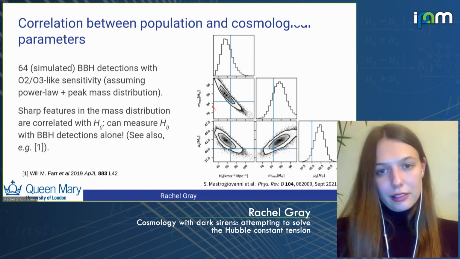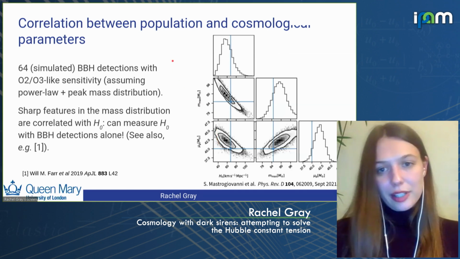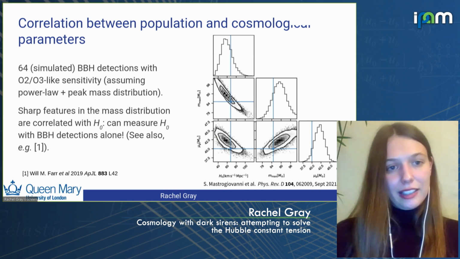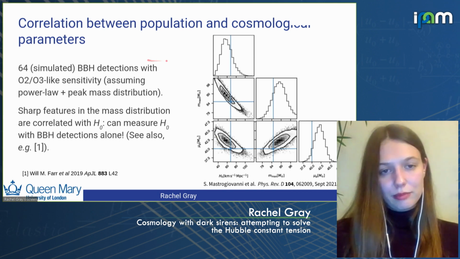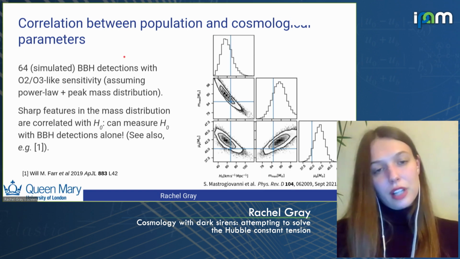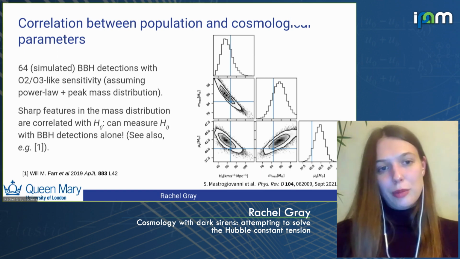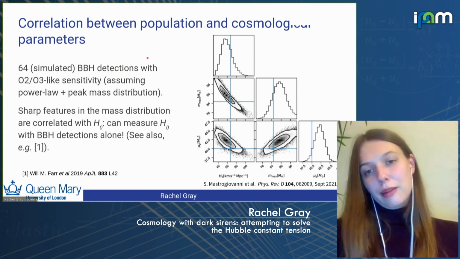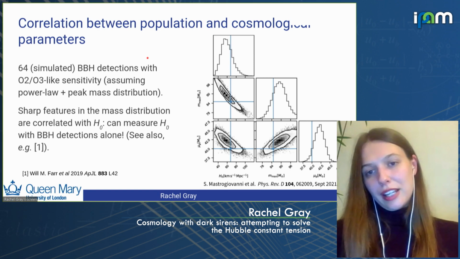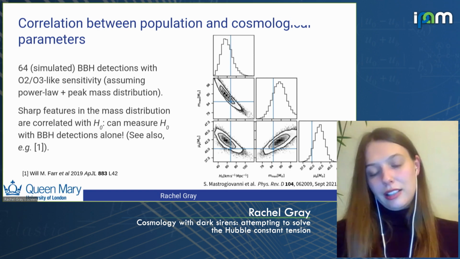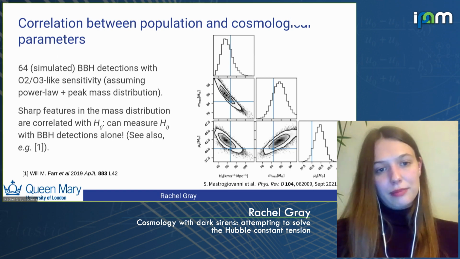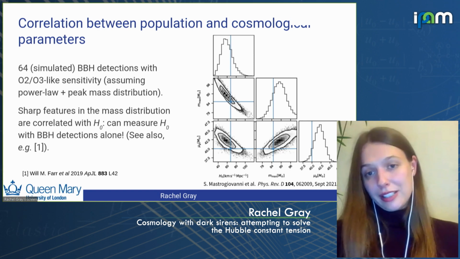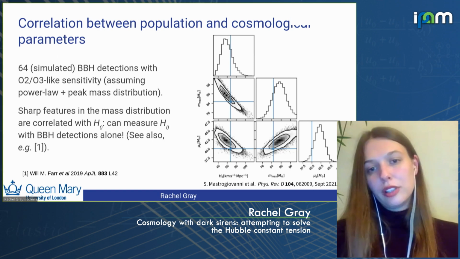So in this paper by some of my collaborators, this was demonstrated very explicitly. They simulated about 64 binary black hole detections with current detector sensitivities, assuming a power law plus peak mass distribution, and then used the gravitational wave data to jointly estimate hyperparameters for the mass distribution as well as cosmological ones.